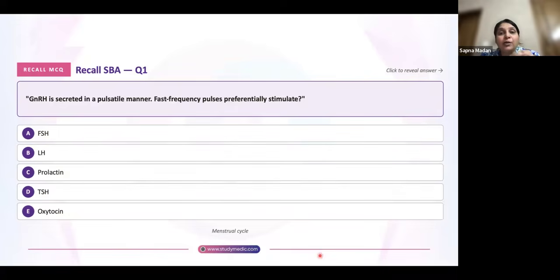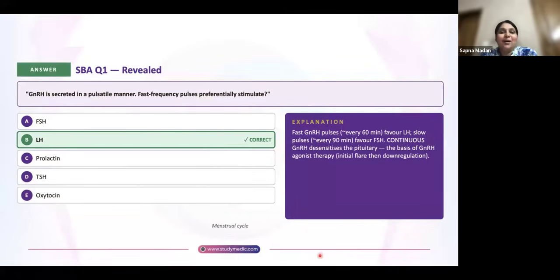Fast GnRH pulses, that is every 60 minutes, will favor LH release, and slow pulses every 90 minutes will favor FSH.